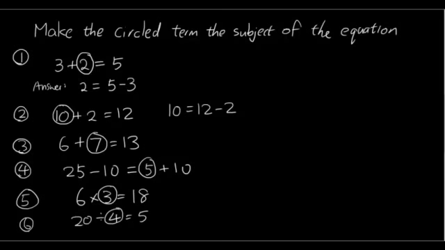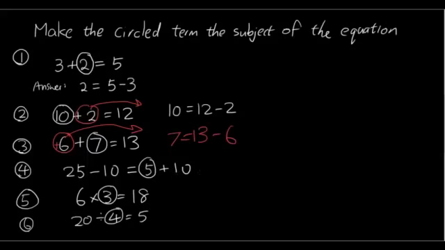So that became minus 2. We want to move the 6 to the other side, so that becomes, this is a positive 6, so when we move it to the other side it becomes minus 6. So 7 equals 13 minus 6.